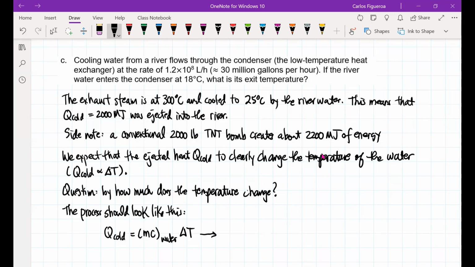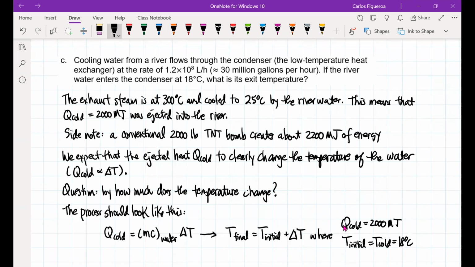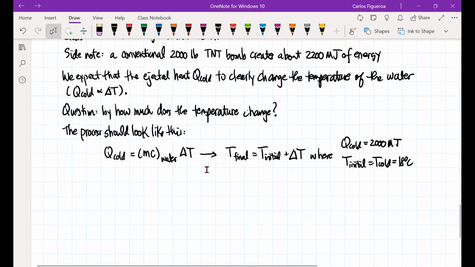So then when I look at the final temperature of the river water, that initial one is going to be this change in the temperature, where we already know that Q cold is 2000 megajoules and T initial is the same as T cold, which is 18 degrees C or 291 K. Oh, no, this is not 298 because that was for the previous question.